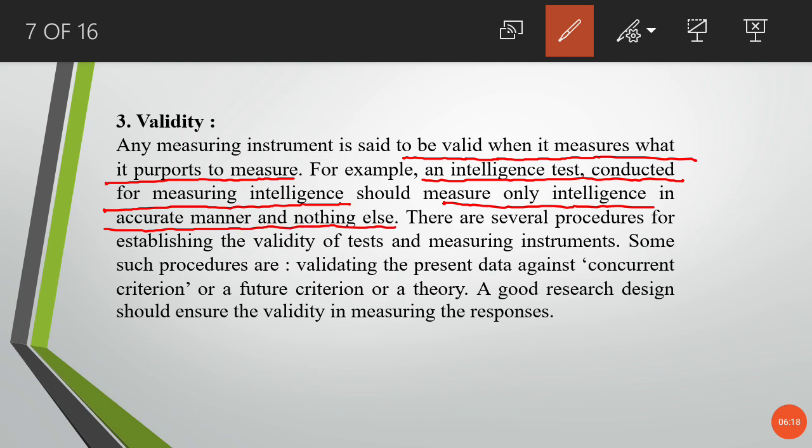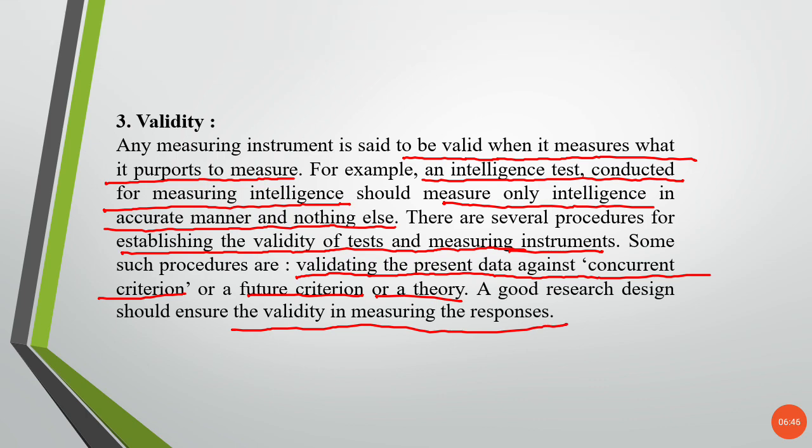There are several procedures for establishing the validity of tests and measuring instruments. Some such procedures are validating the present data against a concurrent criterion or a future criterion or a theory. A good research design should ensure the validity in measuring the responses.